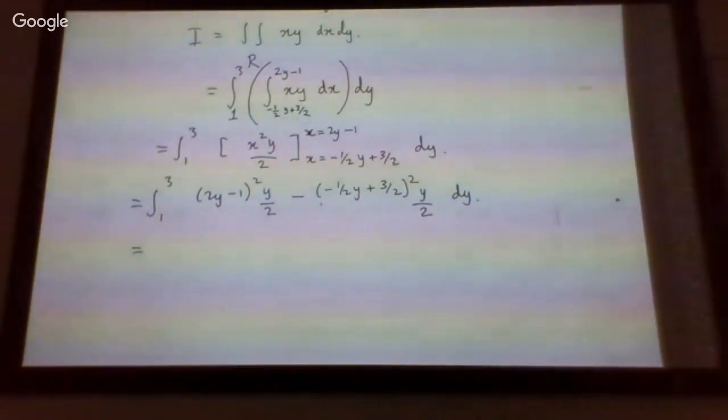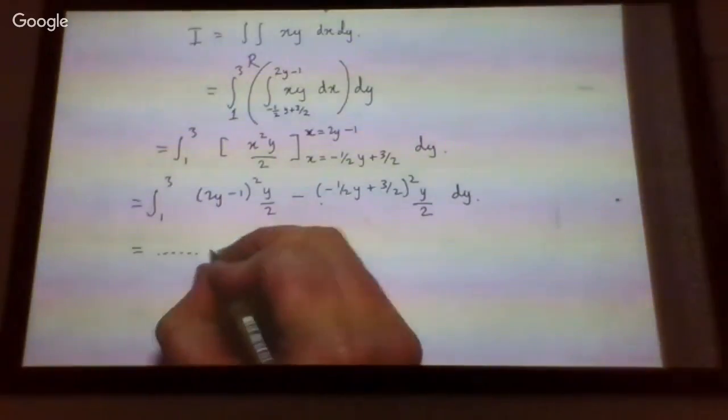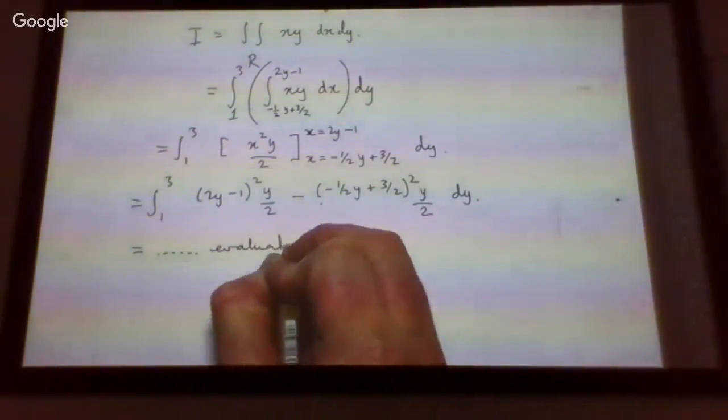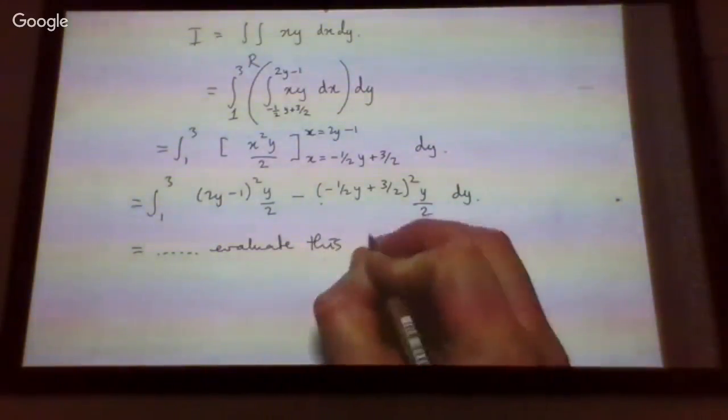What I don't want to rush through, and want to take the time I've left for, is to show you how we express the integral with respect to the other order. So evaluate this in the normal way from now.